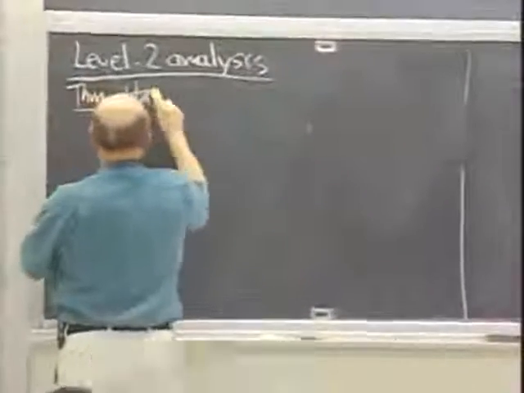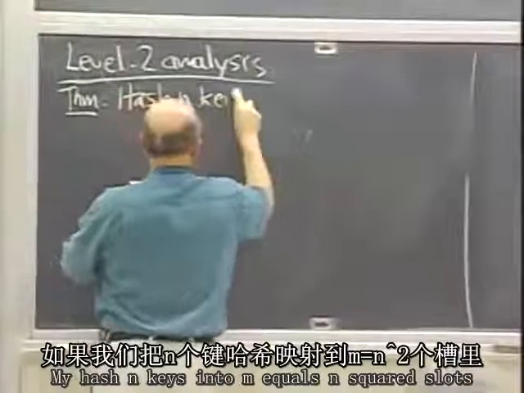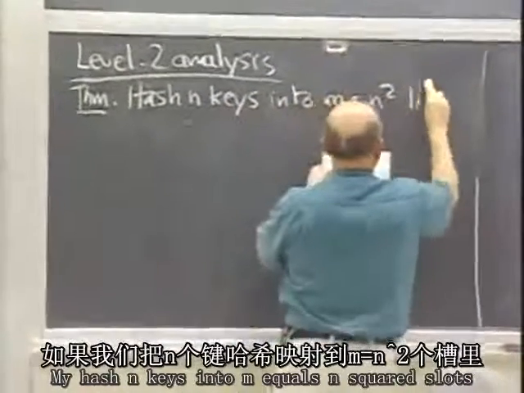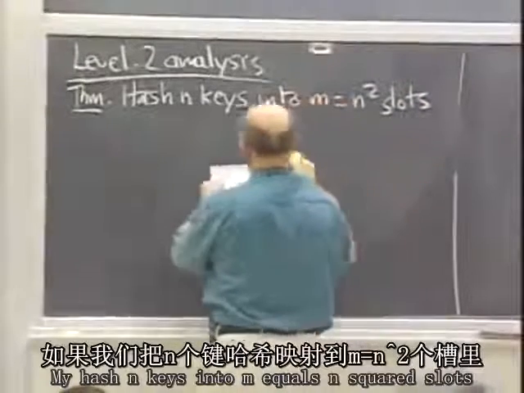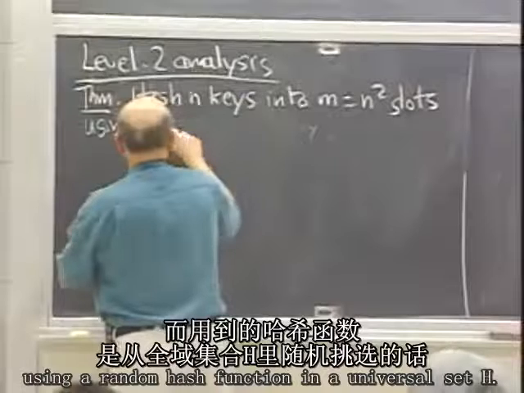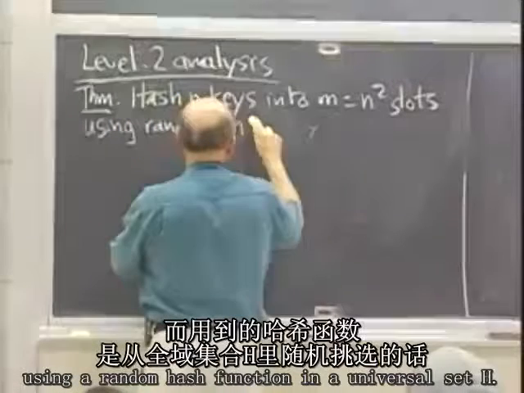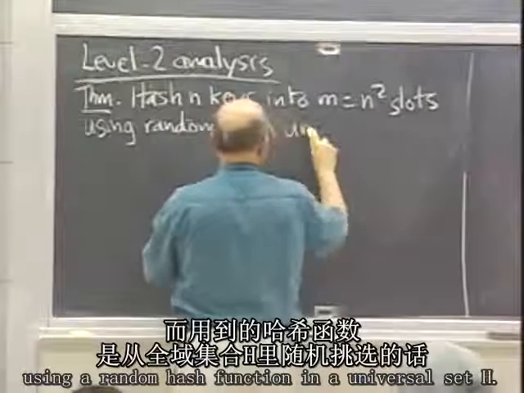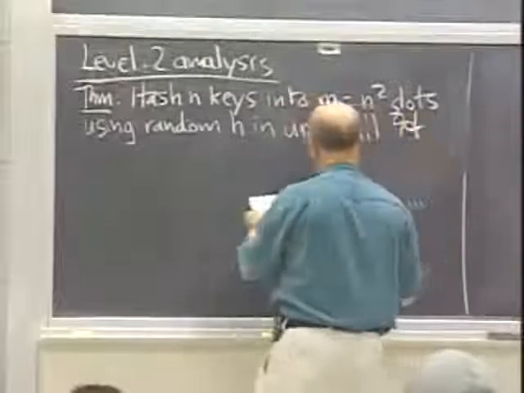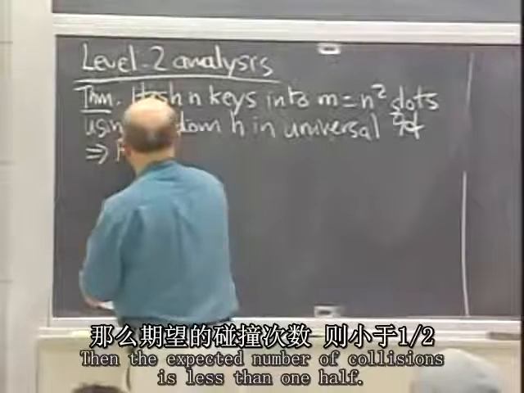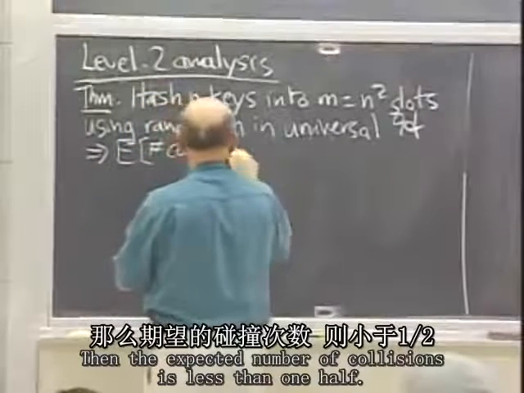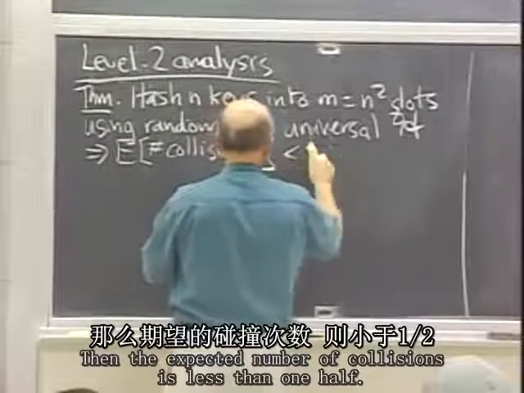If I hash n keys into m equals n squared slots, using a random hash function in a universal set H, then the expected number of collisions is less than 1/2.